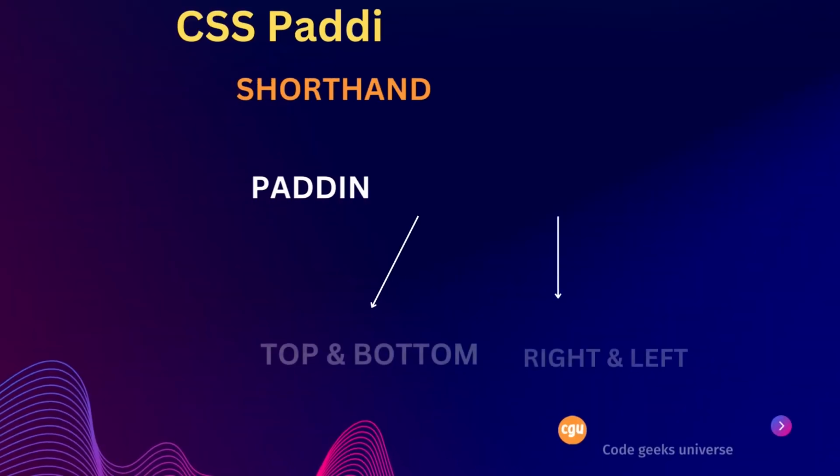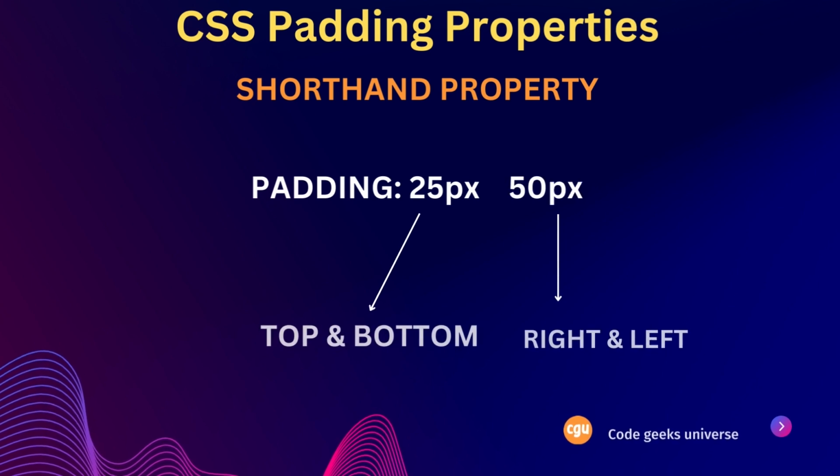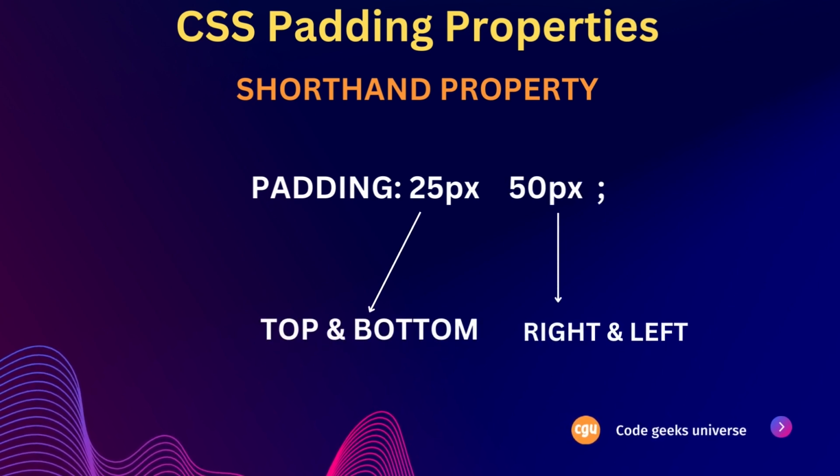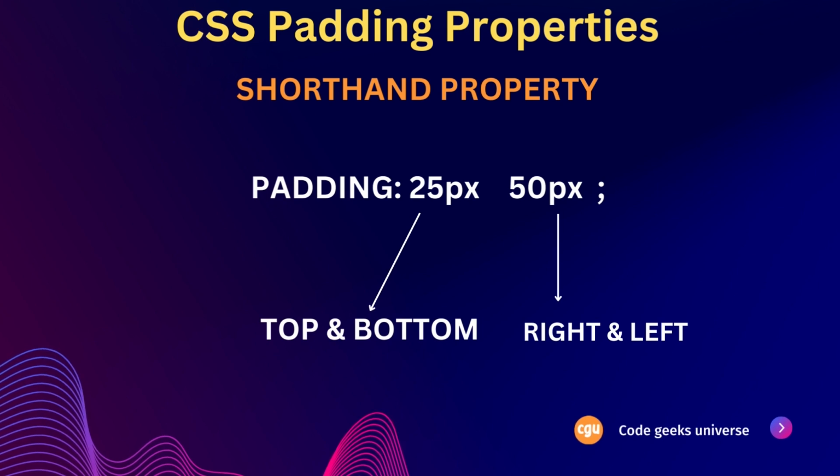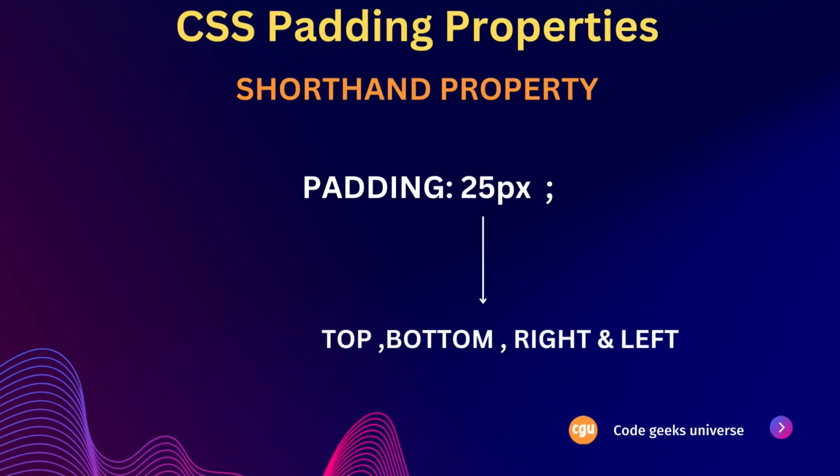Now when the padding property is set with two values such as padding 25 pixels and 50 pixels, it means that the top and bottom paddings are both set to 25 pixels, while the right and left paddings are both set to 50 pixels. And when the padding property is set with a single value such as padding then 25 pixels, it means that all four sides, top, right, bottom and left, will have a padding of 25 pixels.